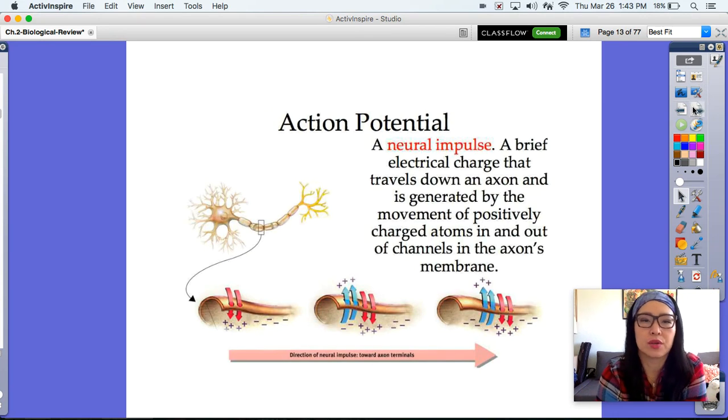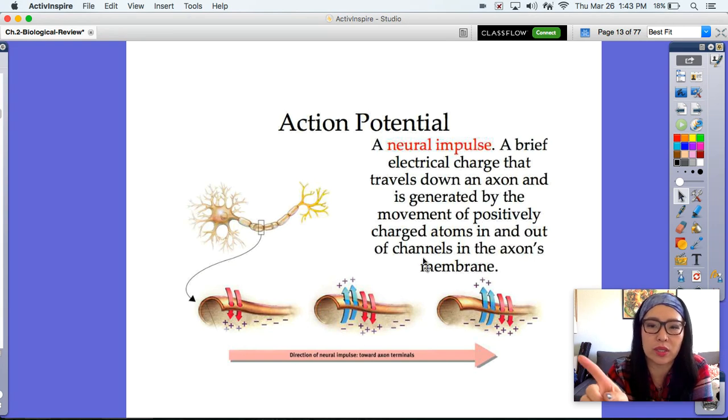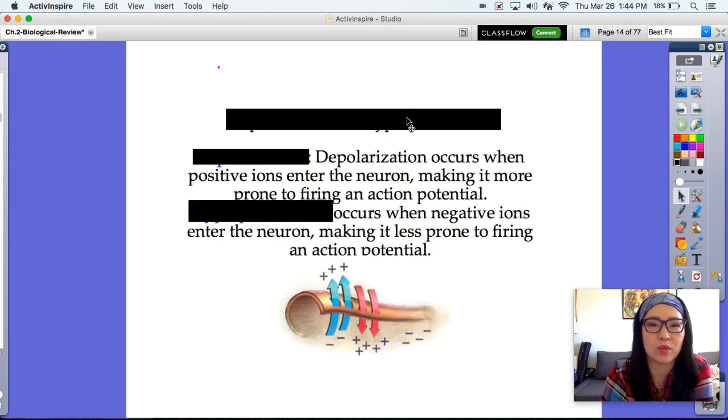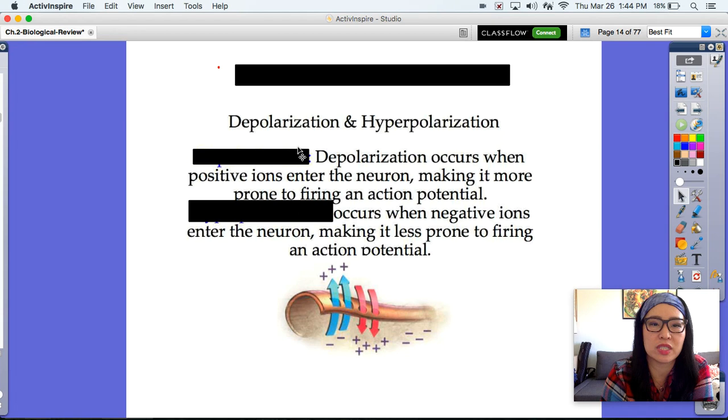Okay, so an action potential is going to be a neural impulse. As it is going down through the axon, you're going to have positively charged atoms inside and outside as they are rotating through the action potential. Okay, so then we have, remember this whole process, depolarization and hyperpolarization.